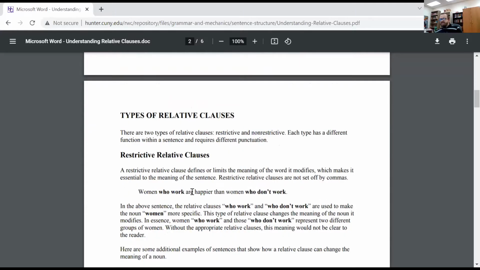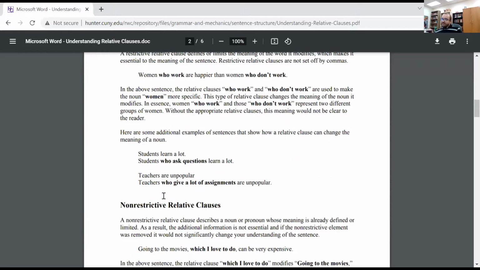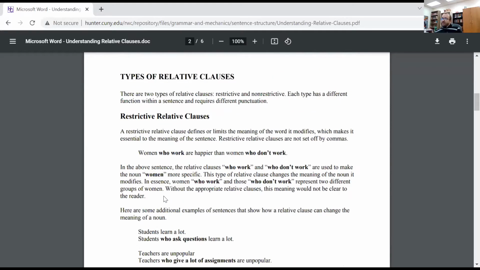And to understand that, you have to think, is it a restrictive clause or is it a non-restrictive clause? When it's a restrictive clause, the meaning of the sentence gets impacted if you take that phrase out.